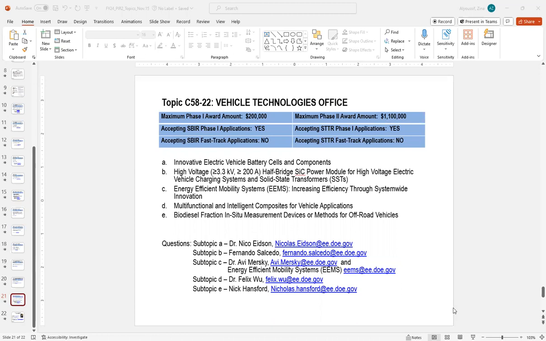So not just a more efficient charger, but if you are organizing how you are charging a fleet of vehicles, that would be of interest. Okay, the last question: are applications related to electric heavy-duty trucks considered responsive? Yes, any and all vehicles.